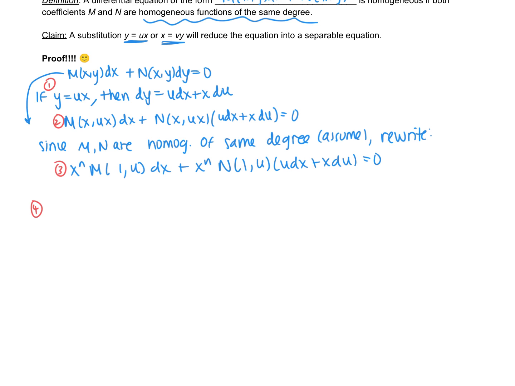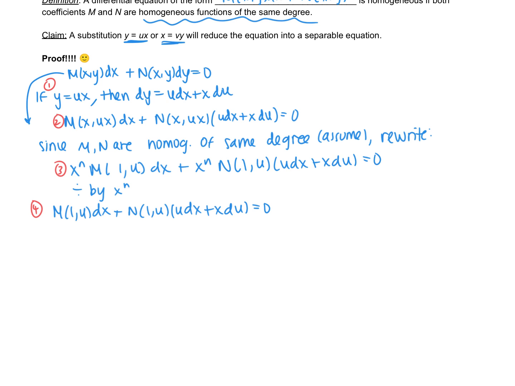So then our next step, what we're going to do is we will divide by that x to the n. So when we do, we're going to have M of 1, u dx add N of 1, u, u dx add x du is equal to 0.